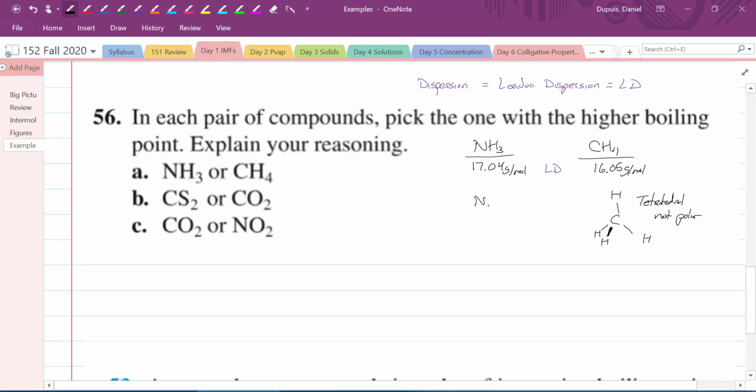Ammonia is trigonal pyramidal, and it is dipole-dipole. And since it has H and N bonded with the lone pair, it is also hydrogen bonding.